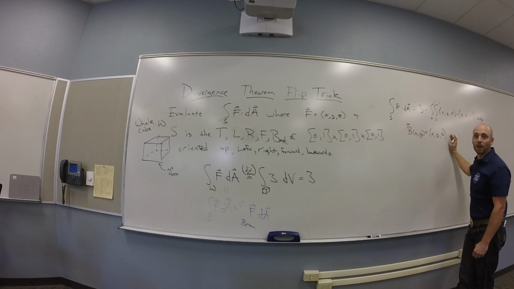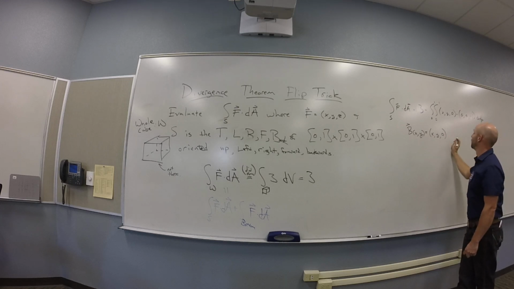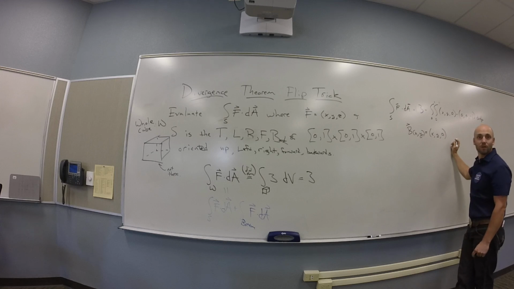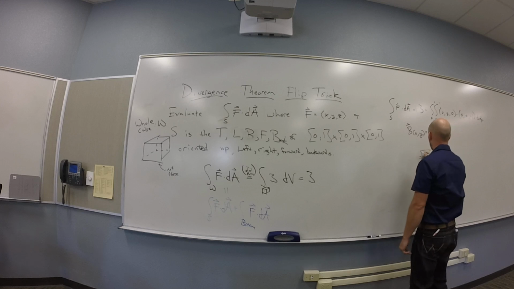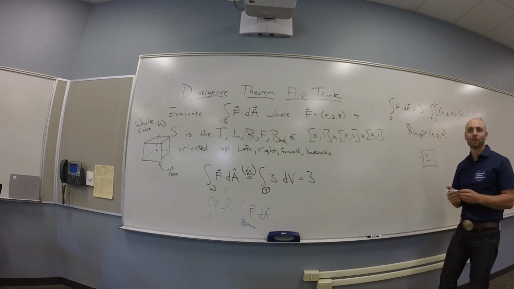All told, you get 0. Apparently the flux through the bottom is 0. So you get 3. I picked a bad example because it was the same.